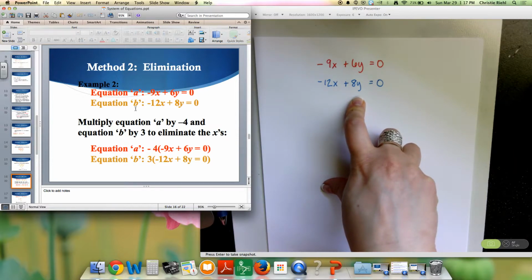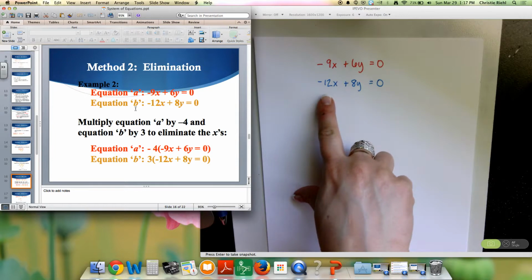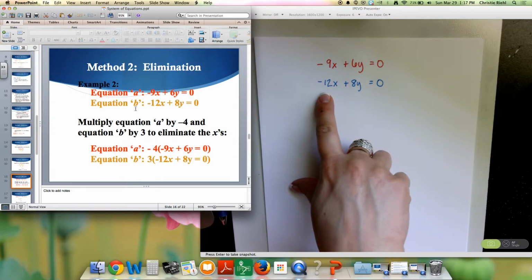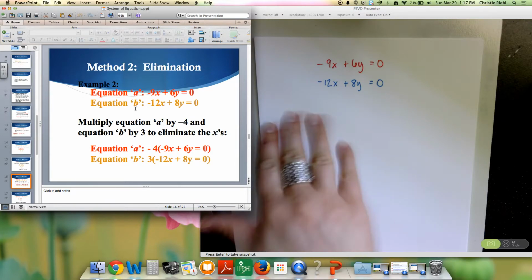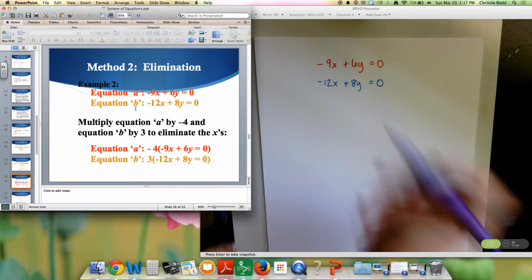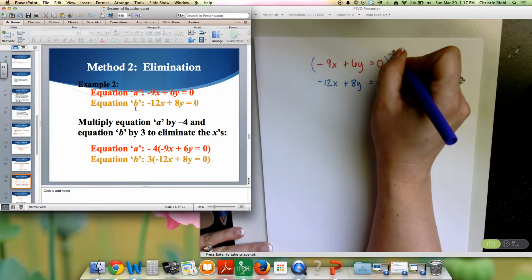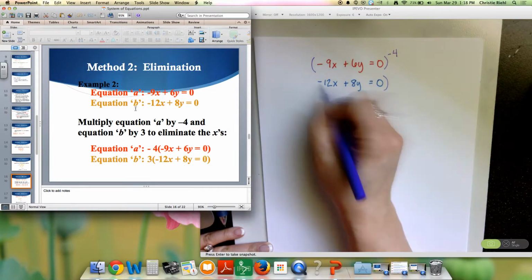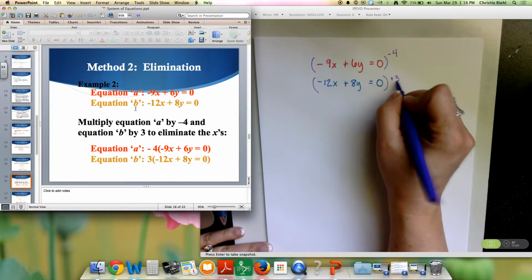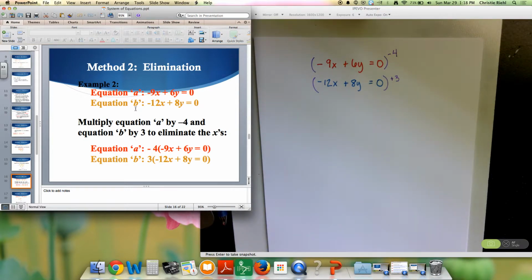But here, if we multiplied by -4 and a 3, our x's would then become the 36, which we'd have a positive 36 and a negative 36, and that would add to give us 0x, which would eliminate the x, okay? So let's go ahead and do that. Let's multiply all of this by -4 and all of this by a positive 3. All right, go ahead, press pause while you do that multiplication, and then we'll meet back up again.